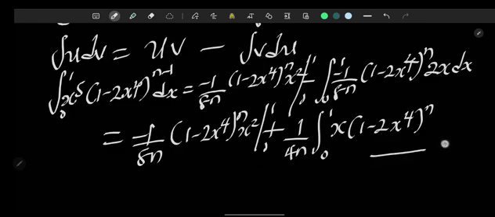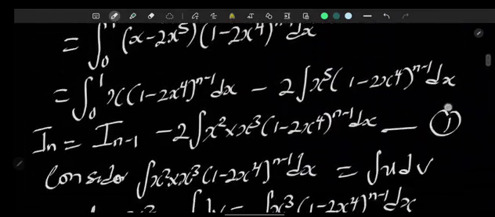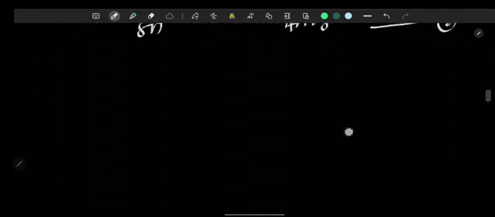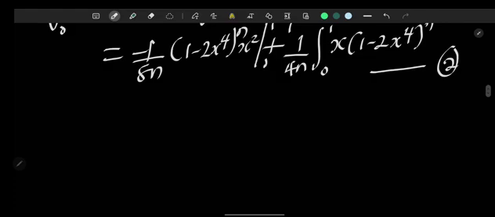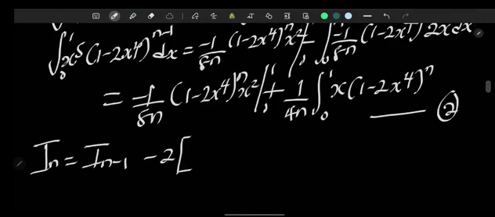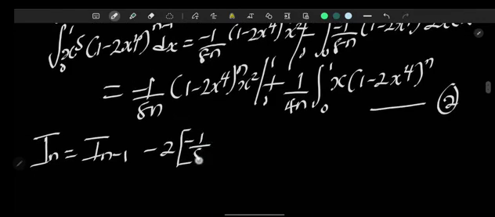So let's call this equation 2. So now you substitute equation 2 in 1. So in place of what you have here, you replace it with this. Okay, so from 1 now, in minus 1, then minus 2 in bracket of this, minus 1 over 8n, then we could substitute the interval here.